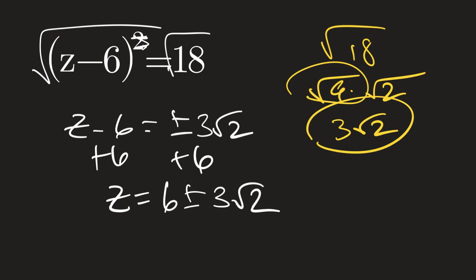And there is technically 2 answers there. 6 plus 3 root 2, 6 minus 3 root 2. But you are not allowed, because of the root 2 with that 3, to go 6 plus 3 and get a 9, or 6 minus 3 and get a 3. 6 plus or minus 3 root 2, done.